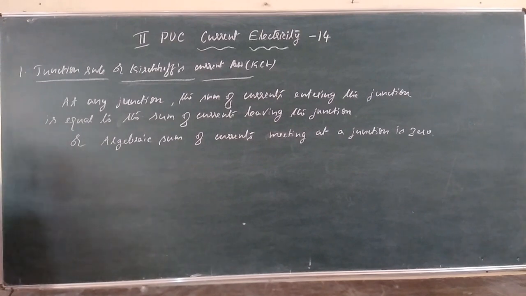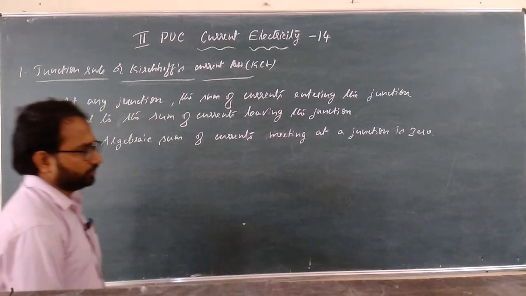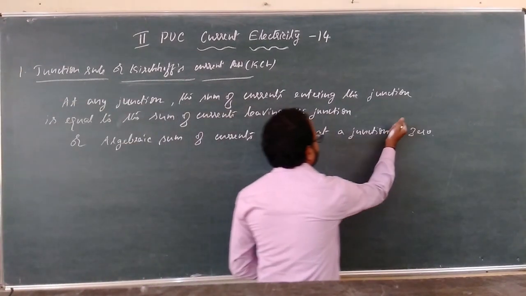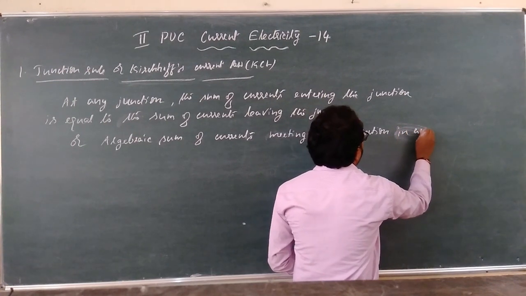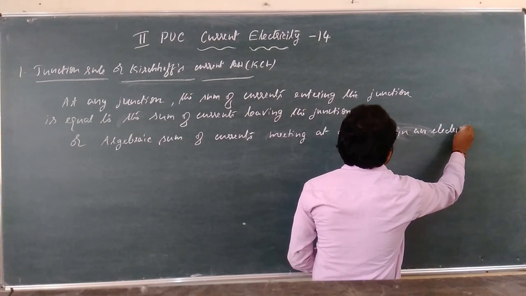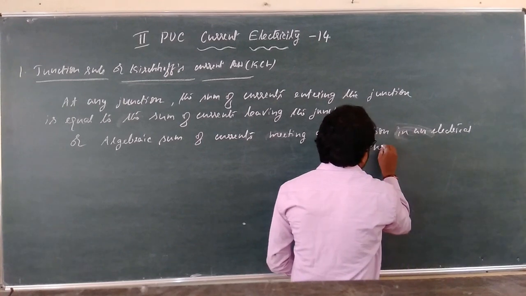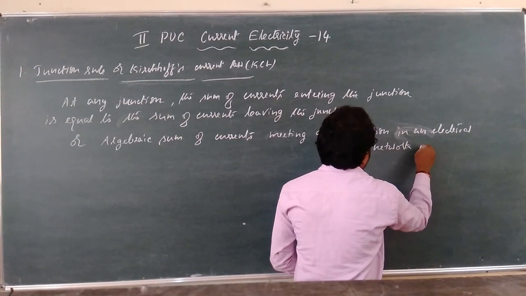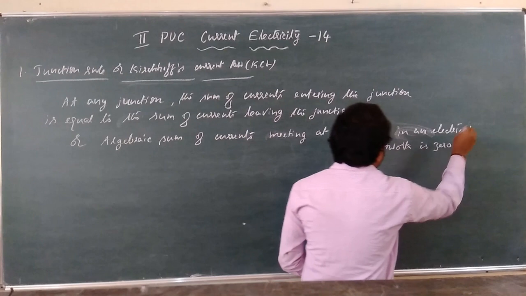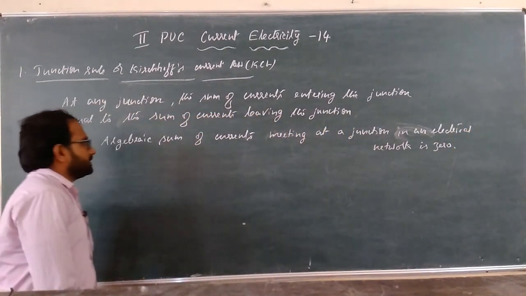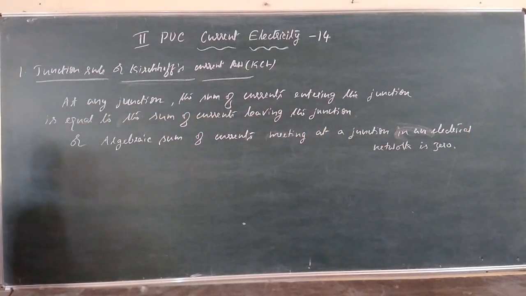Okay, the algebraic sum of currents meeting at a junction in an electrical circuit or electrical network is 0. You can write, in an electrical network or electrical circuit, the algebraic sum of currents meeting at a junction in an electrical network is 0.